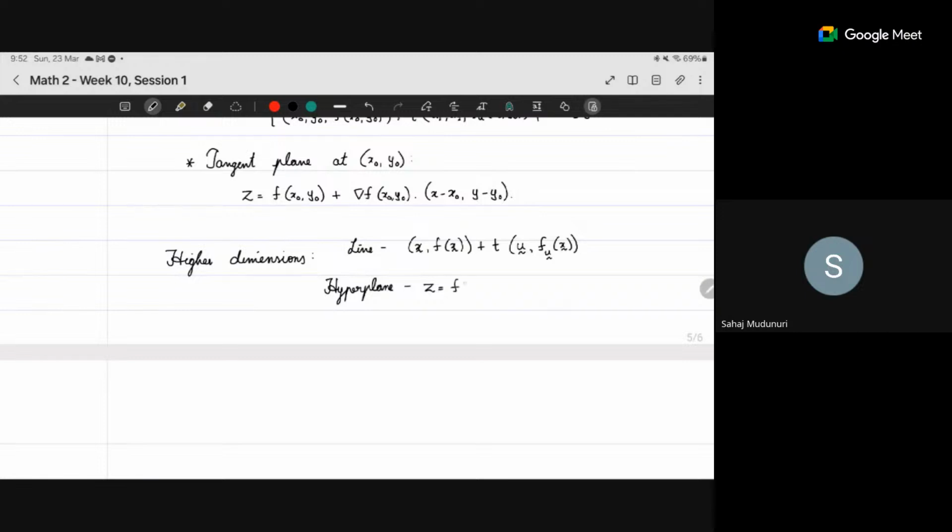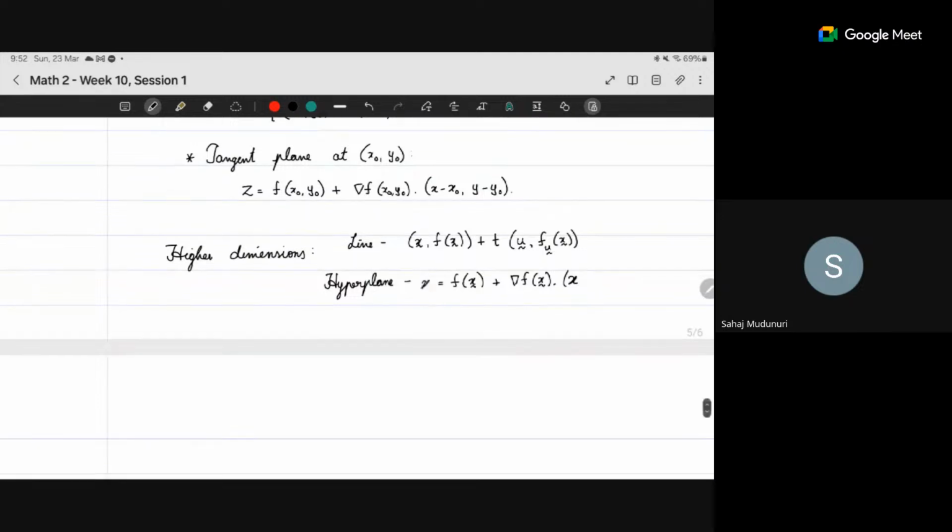And that equation will be given by f of x tilde plus the gradient of f at x tilde dot product with, how do I write this? I just write this as x naught tilde. This is the last variable xn.